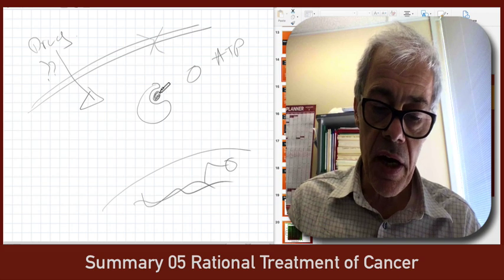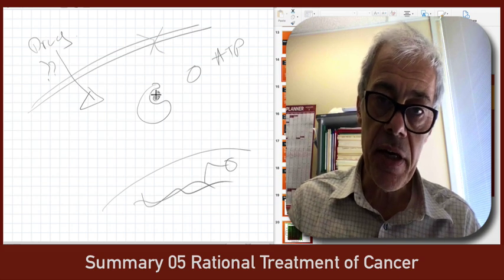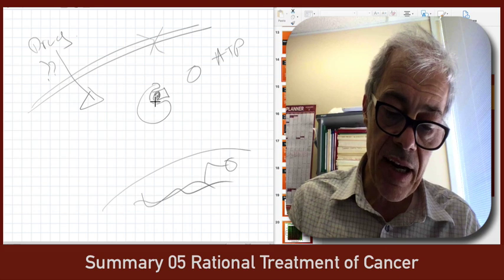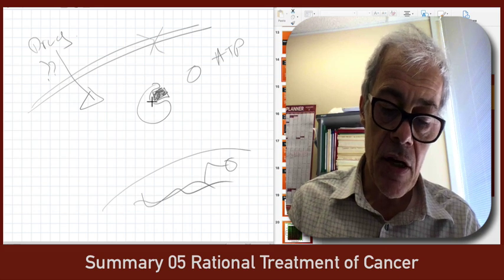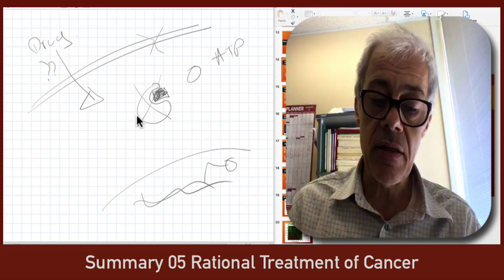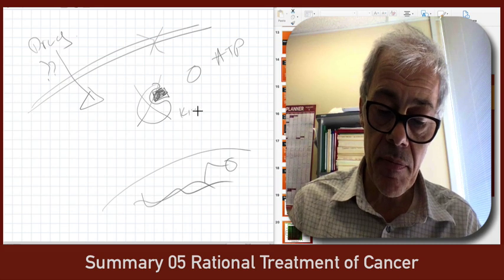So if you can design a molecule that looks like ATP, but it's not ATP, it's an analog of ATP, then you can effectively inactivate the kinase.